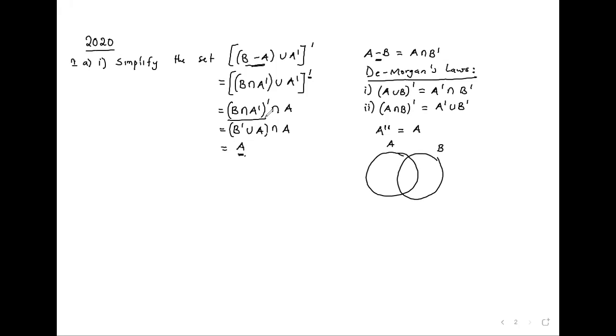Yes. All right. So if you demonstrate here, B complement union A, the B complement is everything outside B. Then union A, everything in A. Intersection A, you notice that it is just the whole A that we're talking about here.